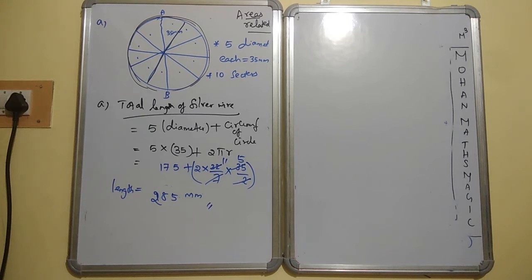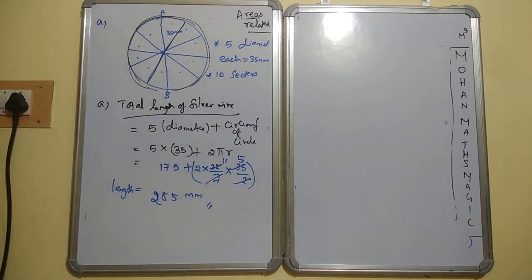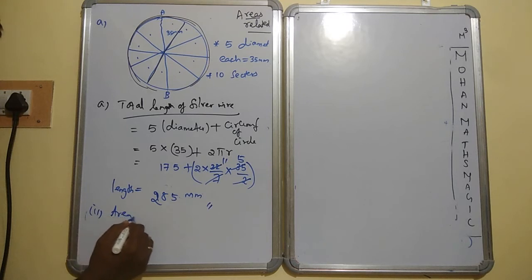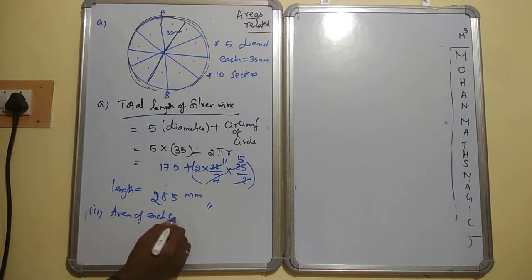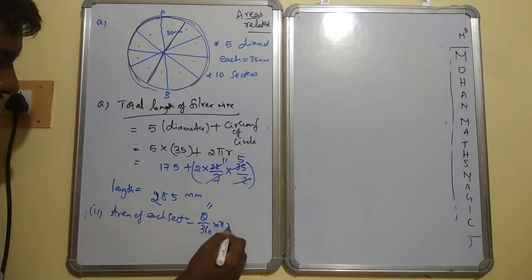The next one is option 2. What's option 2? Area of each sector. The entire thing is divided into 10 sectors, right? So with 10 sectors, what's the degree first of all? Second option, area of each sector, formula theta by 360 into pi r square.